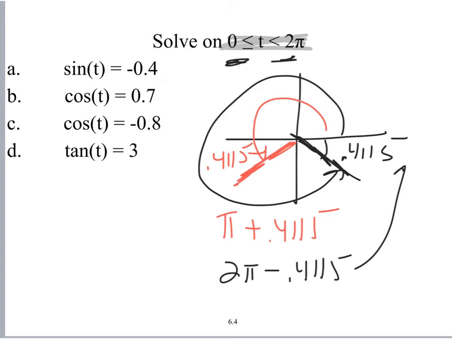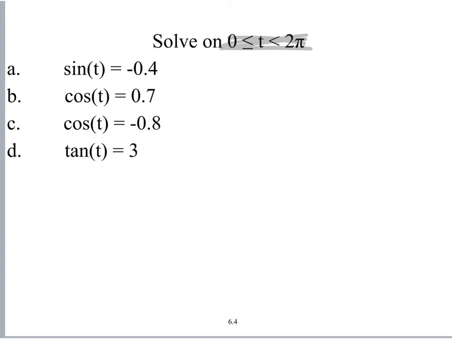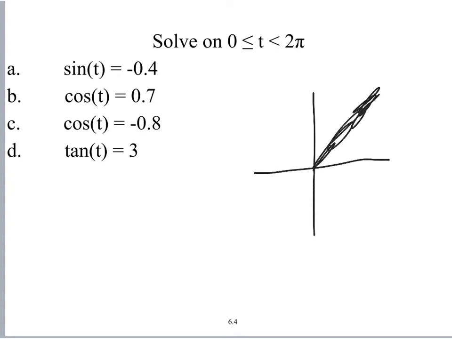Let me try to get ready for the next one. So then cosine is 0.7. I know cosine is positive here, and I know it's positive here, because remember, all students take calculus, all positive.